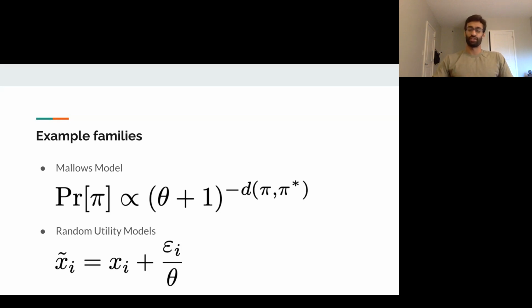That again produces a family of ranking models, which is parameterized by this accuracy parameter. So if you think about it, as theta increases, the effect of this noise is going to decrease. And eventually we'll get to a point where the perturbed candidate values are actually just equal or almost equal to the original values. Okay, so these are two families of ranking models that will satisfy the definitions that I put out on the previous slide.